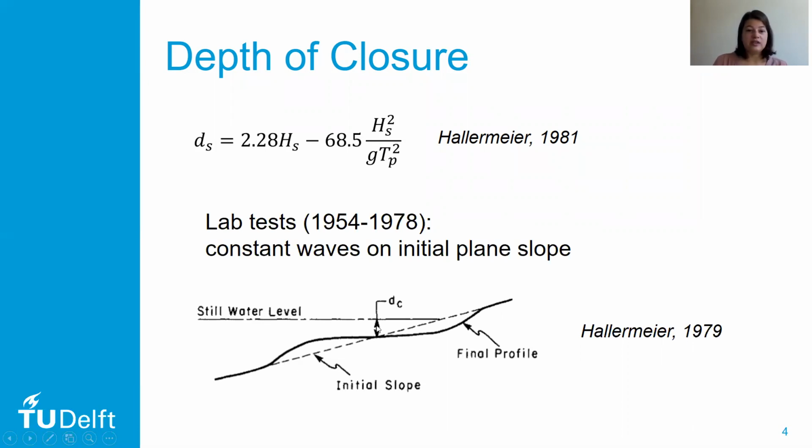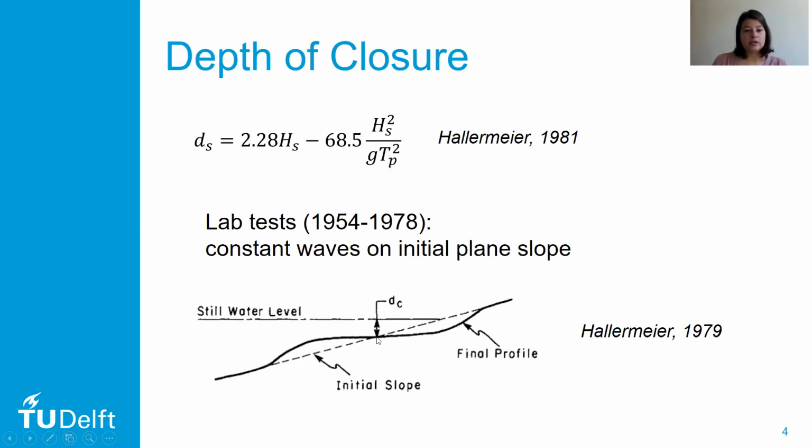You can here see the initial plane slope and then the final profile after the flume test is done, which looks of course very similar to the profiles that we see in the Markermeer. And then he validates his formula with the depth of this platform, which is, of course, also interesting.